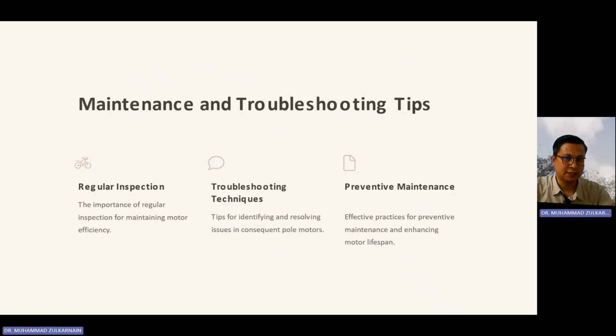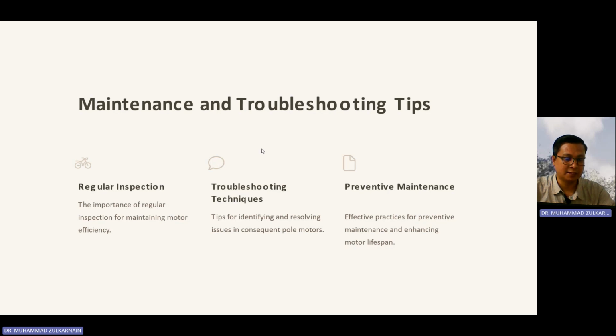It will still help when doing maintenance on the poles kept inside, with a certain precision inside. And then preventive maintenance, effective practice for preventive maintenance and enhancing motor lifespan.